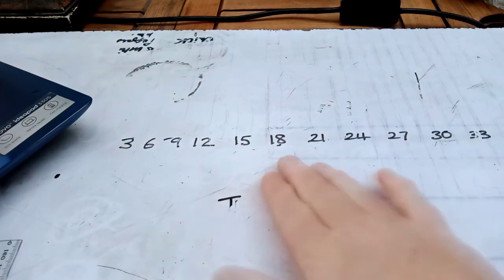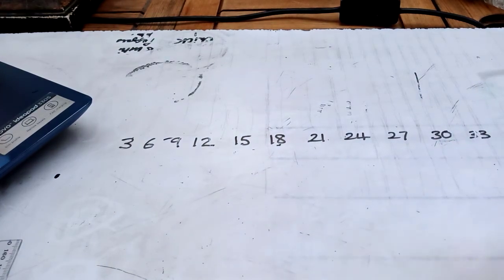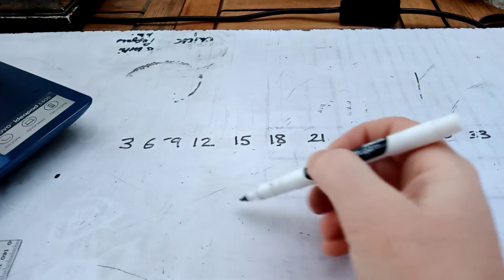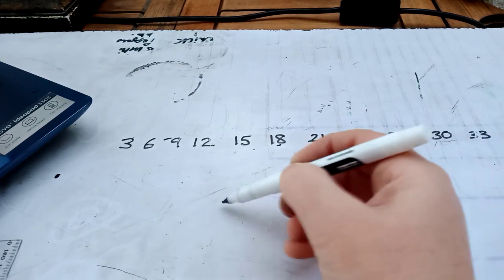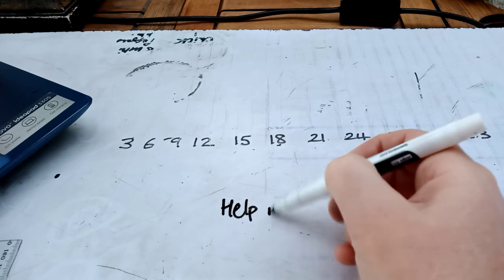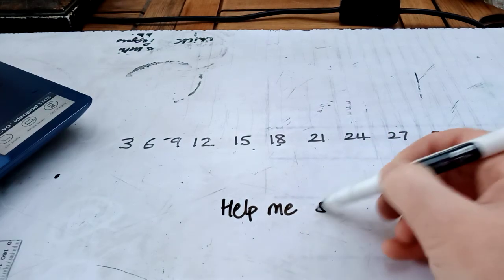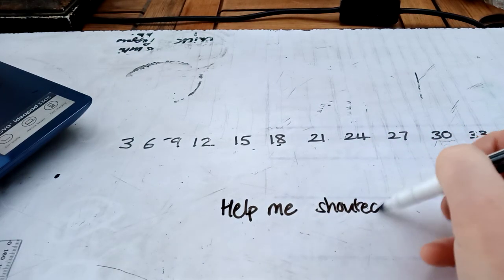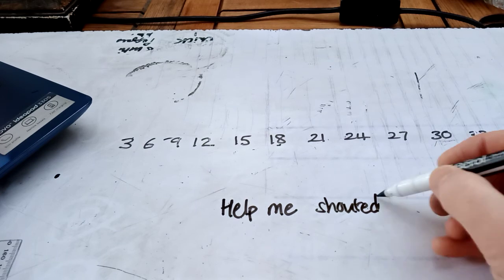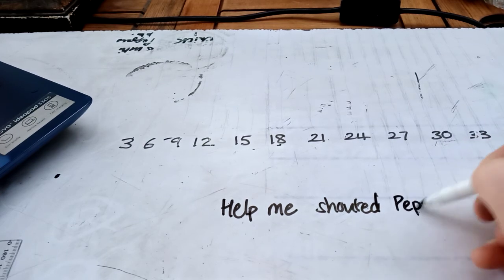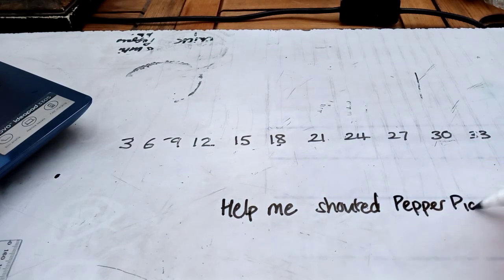Question 6 is about speech. When we have speech, we say what we say in a sentence. So, help me, shouted Peppa Pig. And because it's an exciting sentence, oh yes, there she goes.